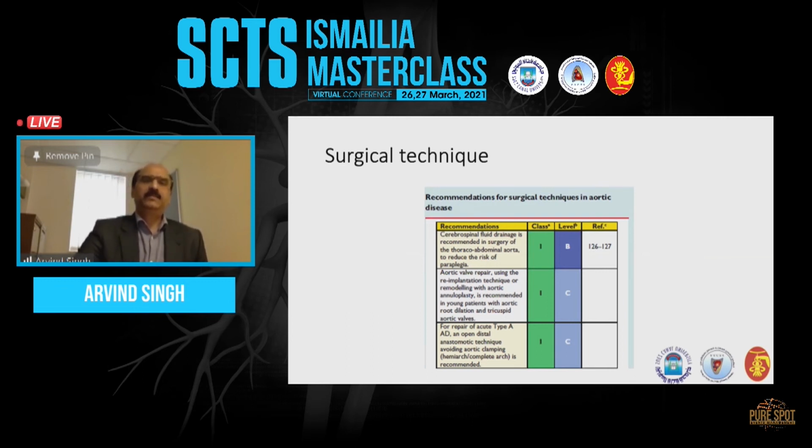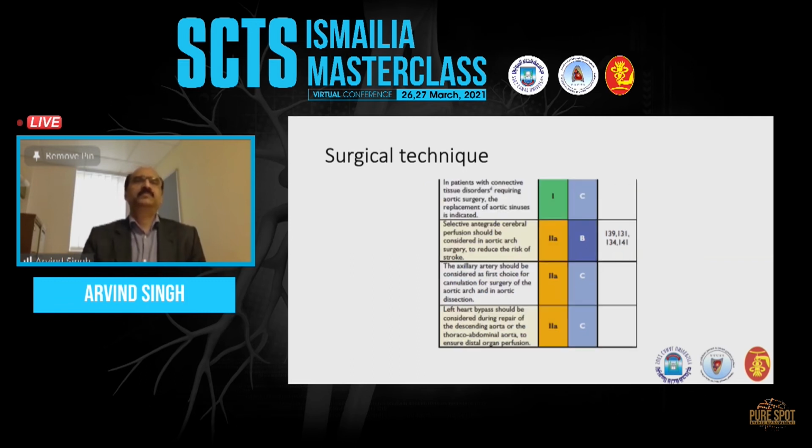And the third recommendation is open distal anastomosis for a type A aortic dissection repair. So invariably, this means every type A aortic dissection repair has to have circulatory arrest, and that is something one has to be prepared for in these patients.